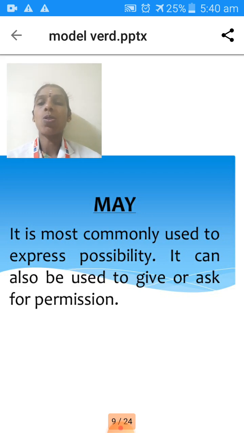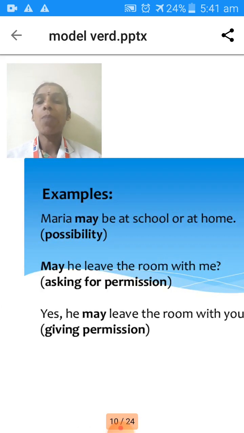Next one is may. May is most commonly used to express possibility. It can also be used to give or ask for permission. Examples of may: Maria may be at school or at home.